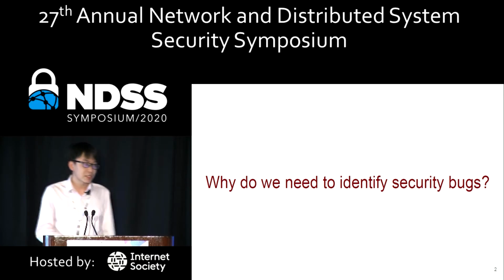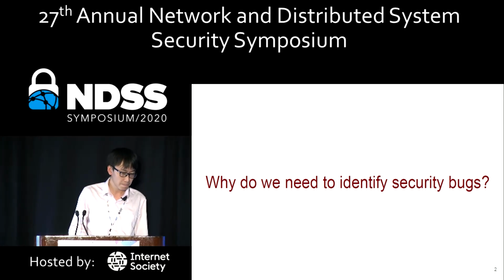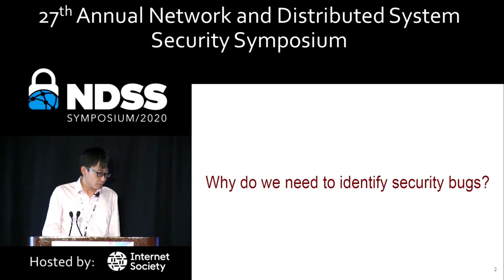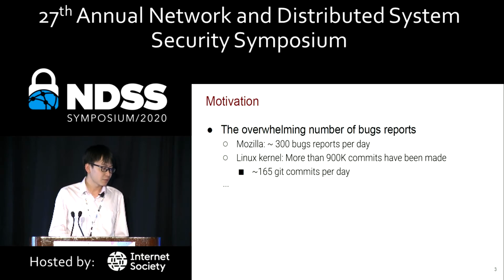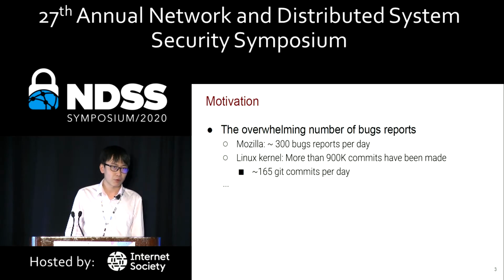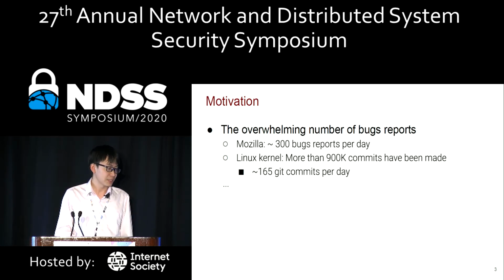And the first question is why do we need to identify security bugs? Because maintainers for large projects suffer from overwhelming numbers of bug reports every day. For example, maintainers for Mozilla receive more than 300 bugs per day.